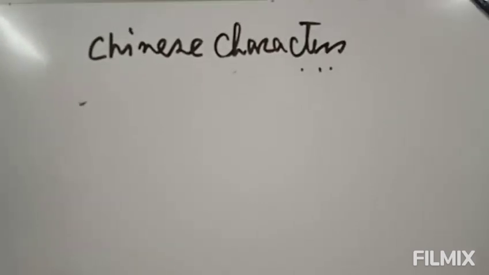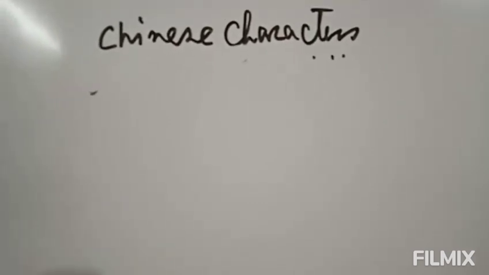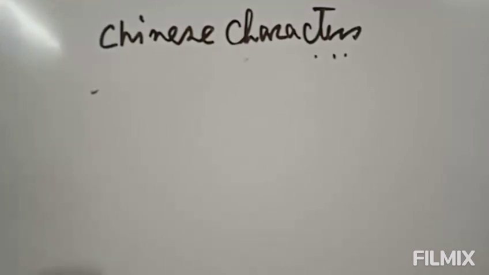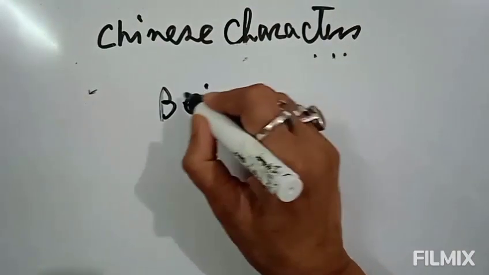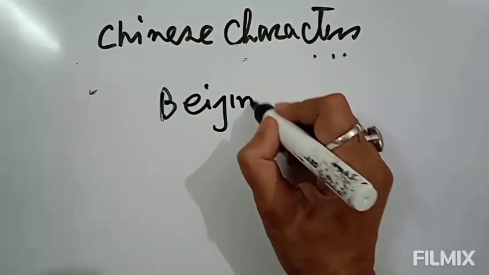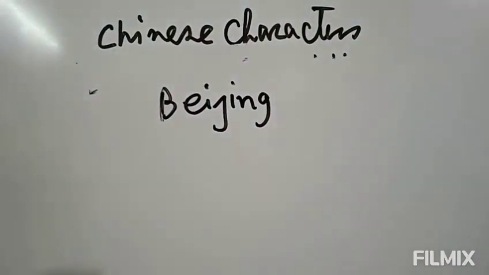Now I am showing you the name of the capital of the country. The name of the capital of the country is Beijing. That is the English. Beijing is the name of the capital of the country.